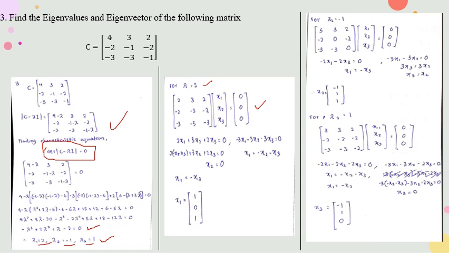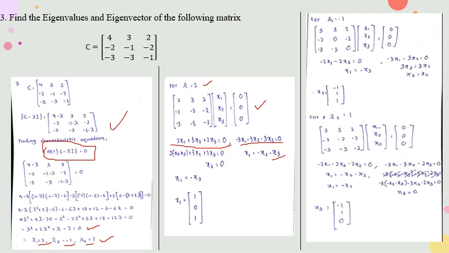I'm using the first row here, 2x1 plus 3x2 plus 2x3. After that, I'm using the third row, which is negative 3x1 minus 3x2 minus 3x3 equals 0, and we'll get this equation for x1 equals negative x2 negative x3.